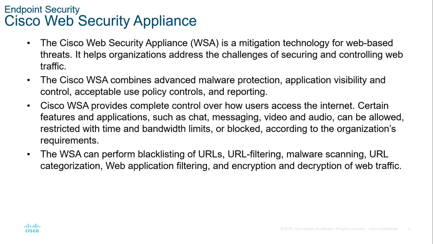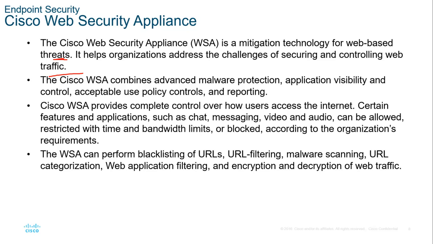It is a mitigation technology for web-based threats, and it helps the organization address the challenges of securing and controlling web traffic. The Cisco Web Security Appliance provides complete control over how users access the internet.